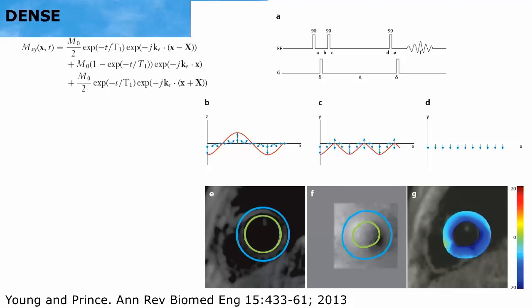So this method differs from tagging in that it encodes displacement in the phase of the signal rather than the magnitude. But you can think of it as a kind of stimulated echo tag, if you like. The nice thing about this method is that the post-processing is a bit easier because you now have a quantitative assessment of displacement at every pixel.